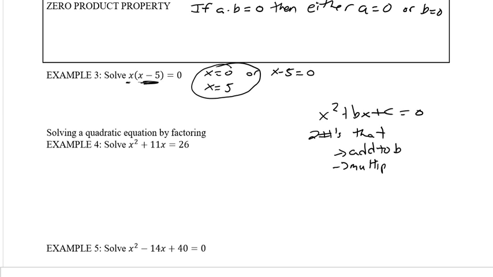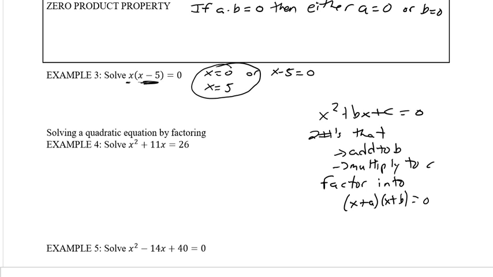And we use those numbers to get our factors. And we're going to factor into x plus a times x plus b equals 0. Something that looks like that.